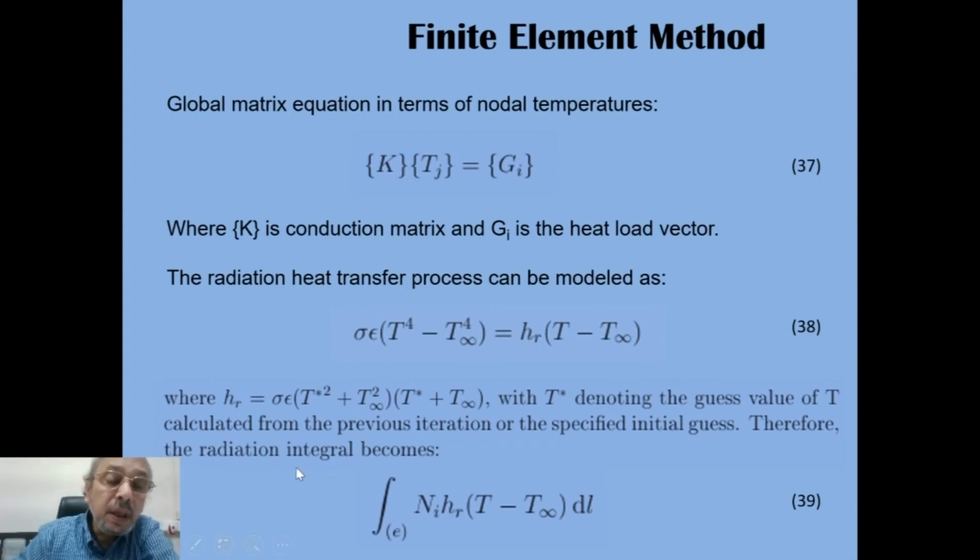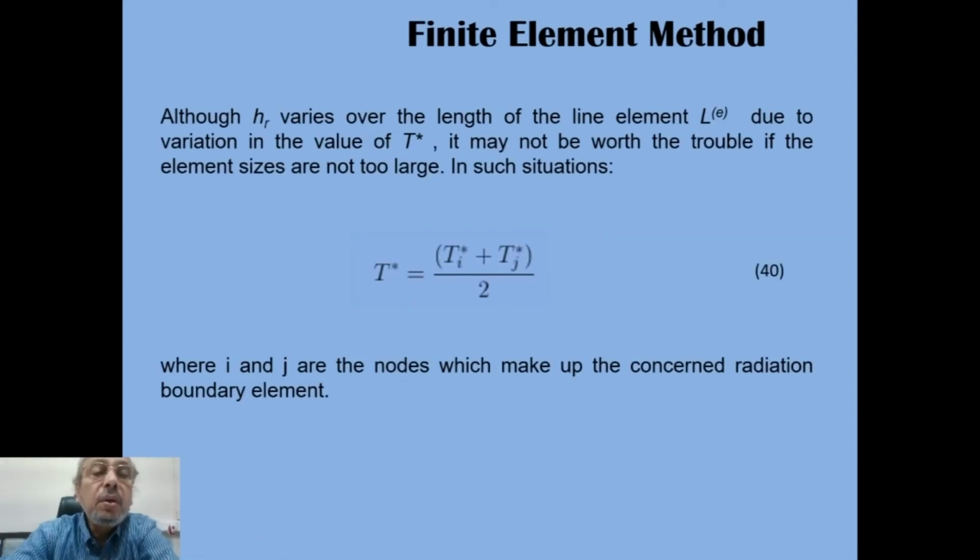Therefore, the total radiative heat transfer, or the radiation integral, becomes integrated again over the line element or the line segment, Ni HR T minus T infinity. Although HR, the radiative heat transfer coefficient, varies over the length of the line element due to variation in the value of T star, it may not be worth the trouble if the element sizes are not too large.